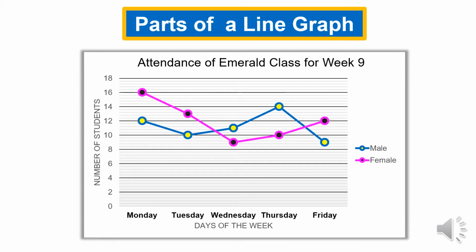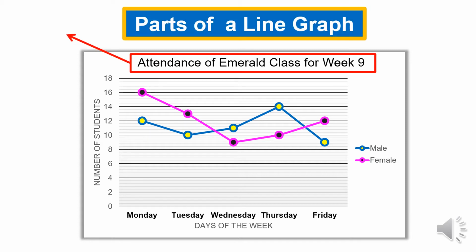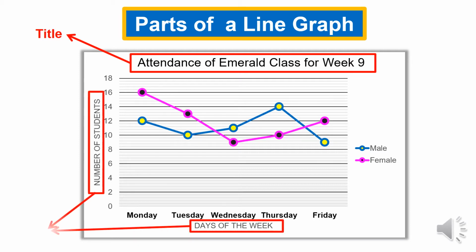These are the parts of a line graph. On the topmost part is the title. It gives an overall description of what the line graph is all about. Here on the X and Y axes are the labels. They give the label of the categories under the X axis and describe the scale on the Y axis, what those numbers are all about.